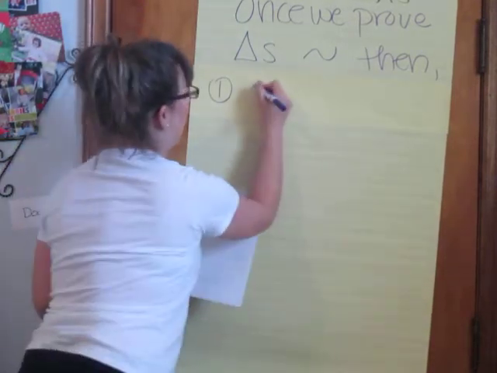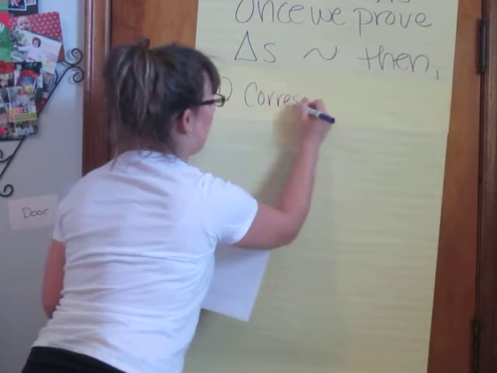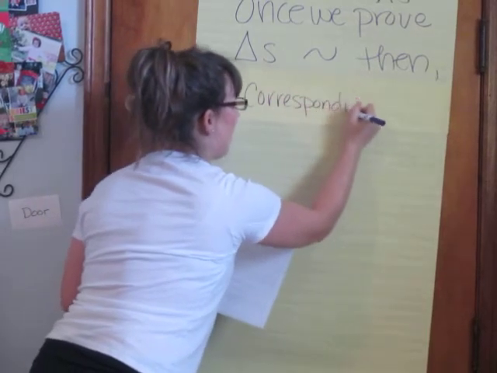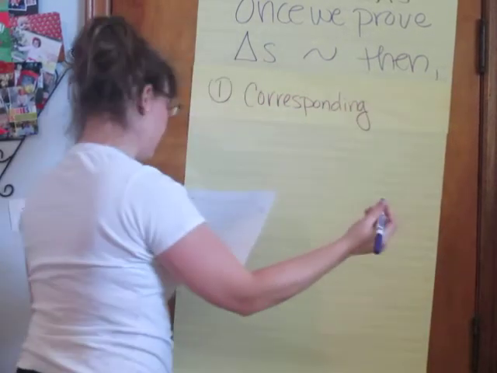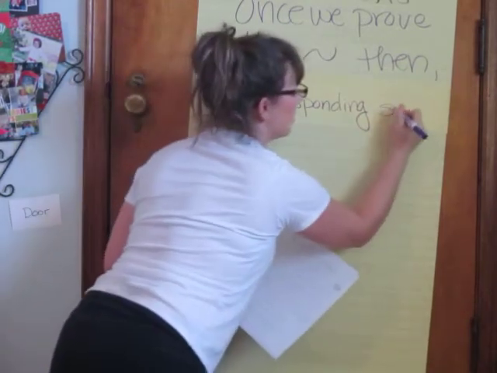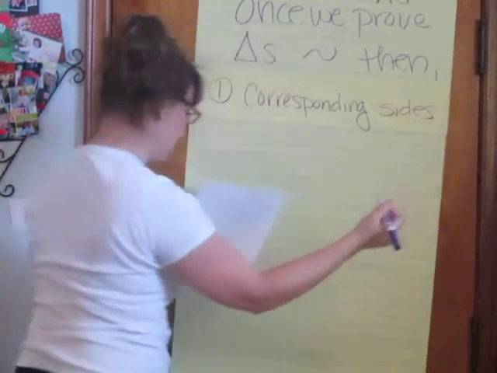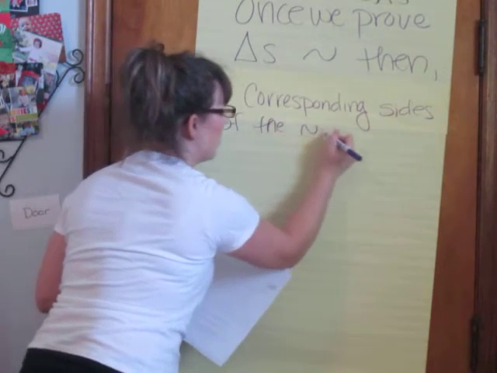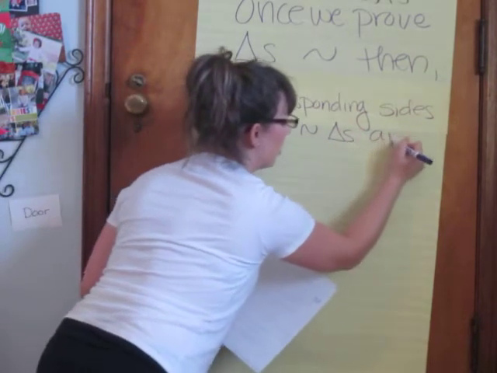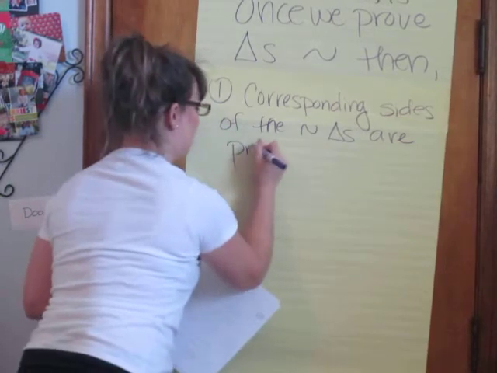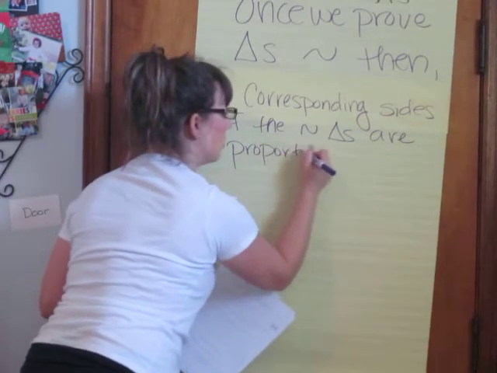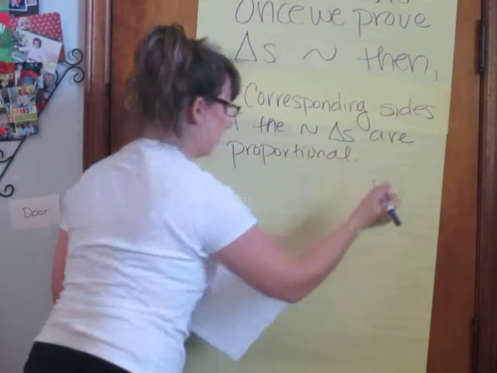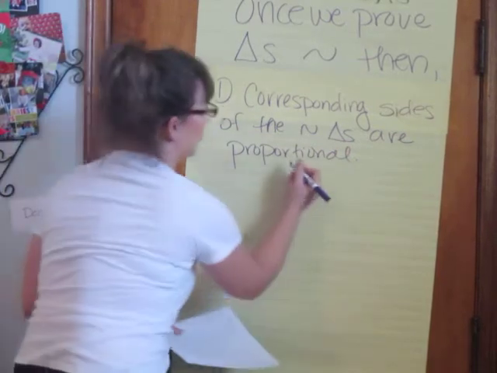One, we get that corresponding sides of the similar triangles are proportional, which means what?